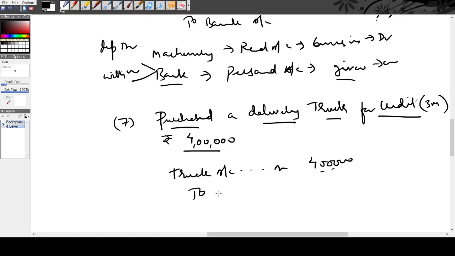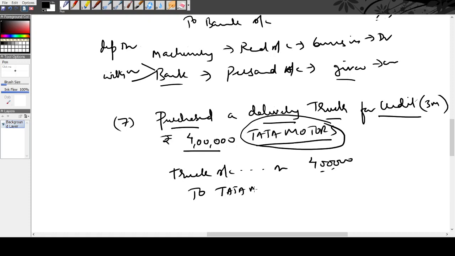So till the time we make the payment, we have to remember the vendor. Let us say from Tata Motors. We have purchased a truck from Tata Motors. So till the time we make the payment, we have to remember the person who supplied this truck to us, a giver in our books. We have to make him a creditor in our books. Tata Motors account credit 4 lakhs.